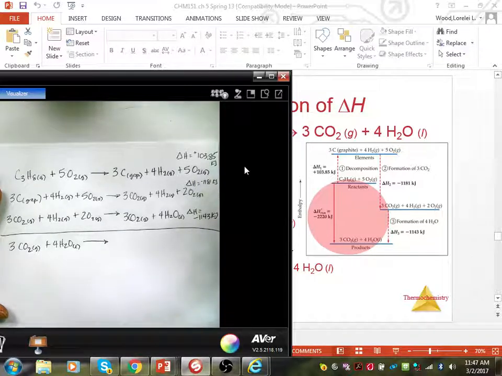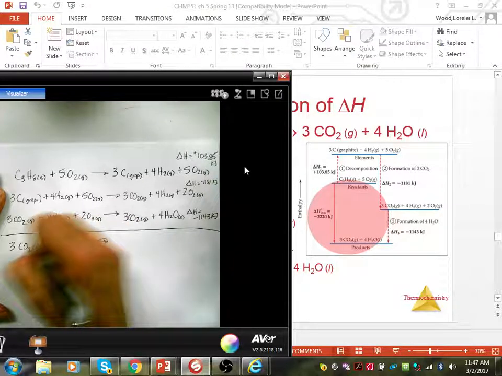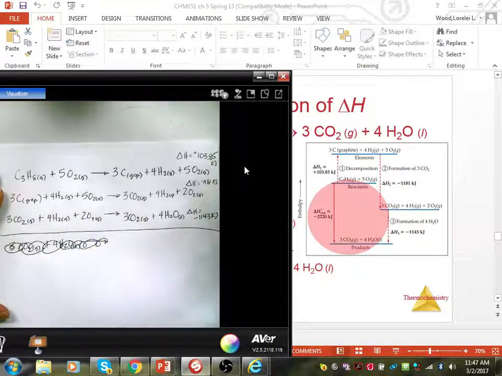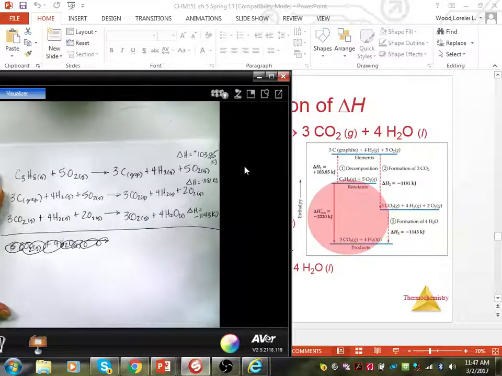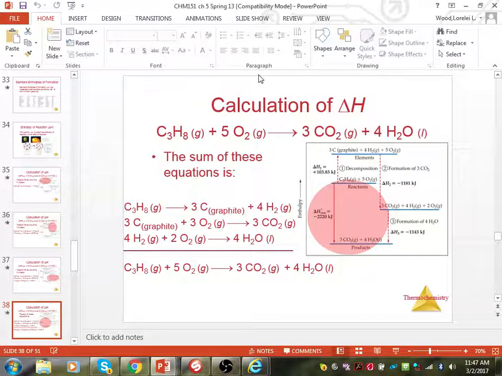Did I make that wrong? I did. Whoopsie. My overall equation is the one at the bottom of the slide here. Let me get this out of the way. Right there. So we're going to write the C3H8 plus 5 O2. You should write that at the bottom.